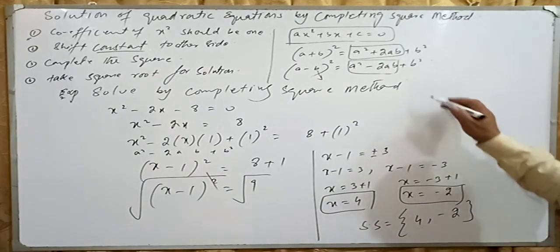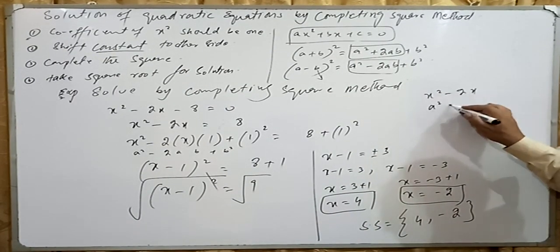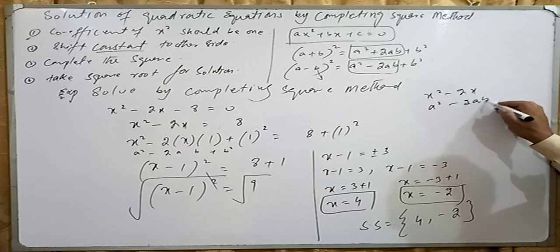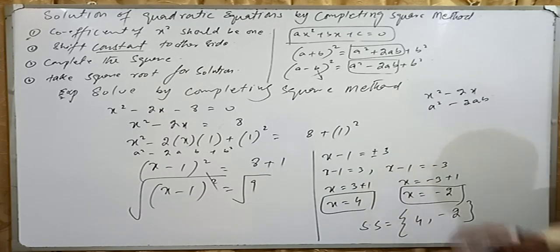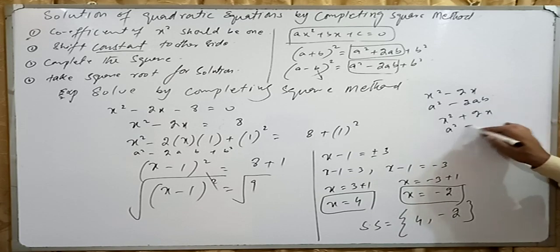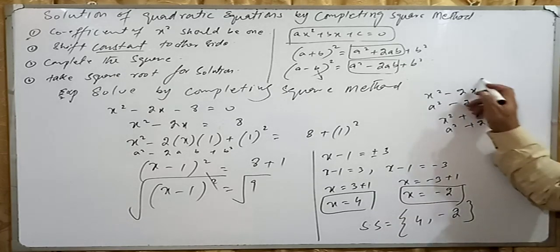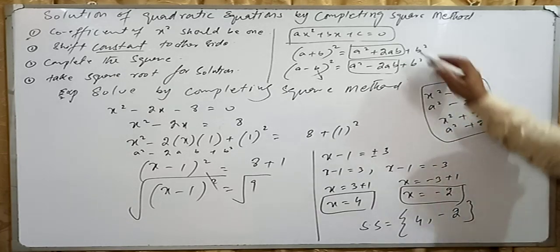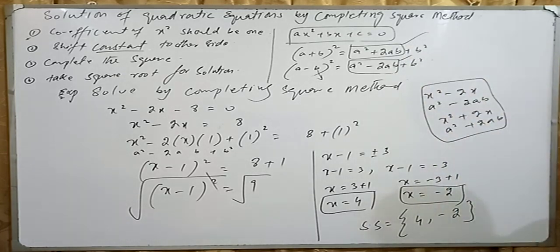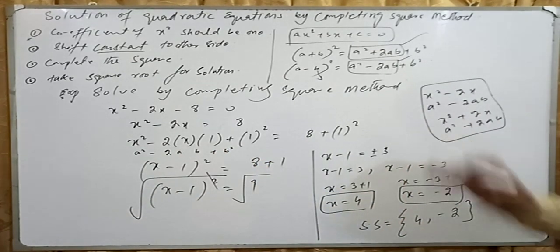Here you have to convert x square minus 2x into the form of a square minus 2ab, or if we have x square plus 2x, we have to convert it to a square plus 2ab, because when we do the comparison with these parts of the squares, then you can make the complete square. Otherwise you will face difficulties.